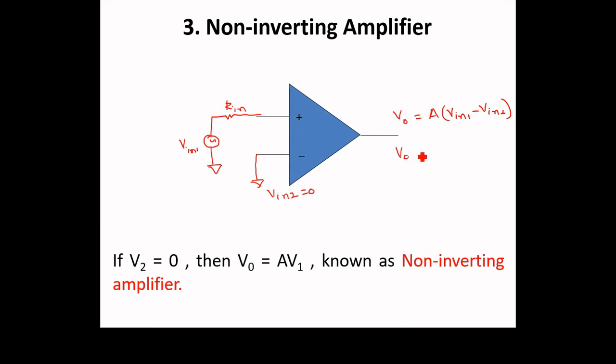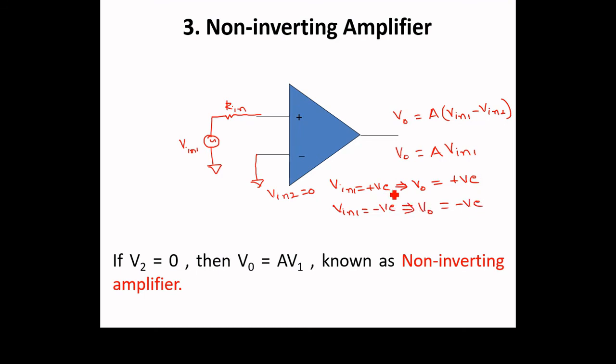So the output voltage is simply proportional to the input voltage. If V in 1 is positive, then V naught is also positive voltage. If V in 1 is negative voltage, V naught is simply negative voltage.